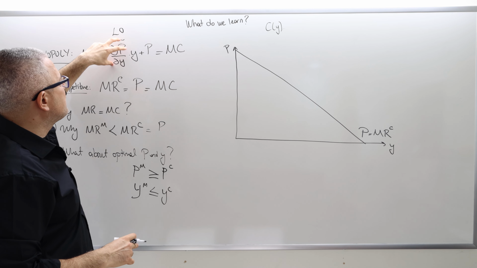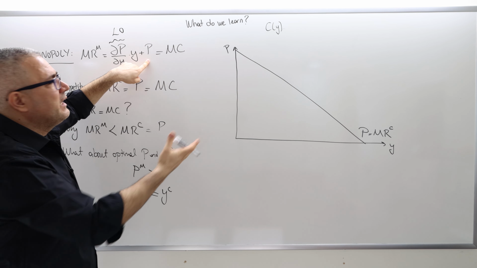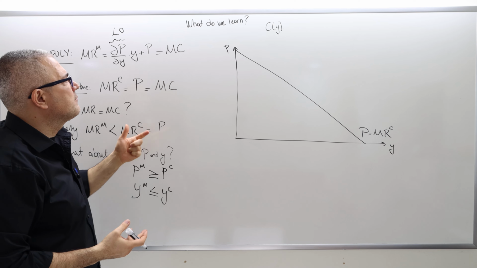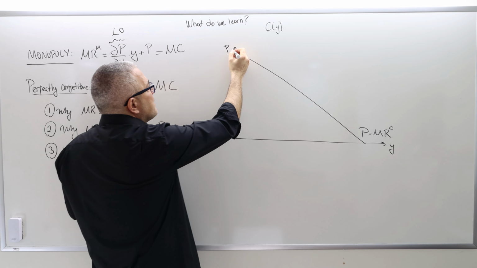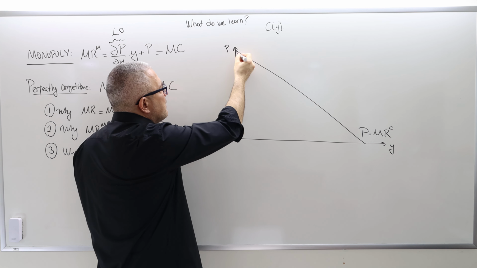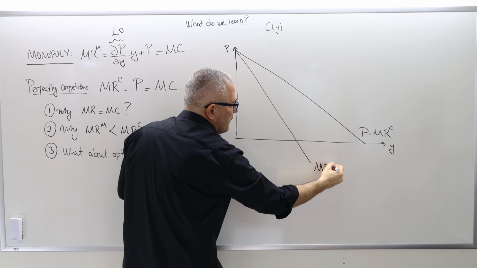And so it's -2 times Y, plus the linear function, meaning this is going to be a linear function, all right? First. Second, it's going to lie below the demand curve. So it's going to be something like this, the marginal revenue of the monopolist.